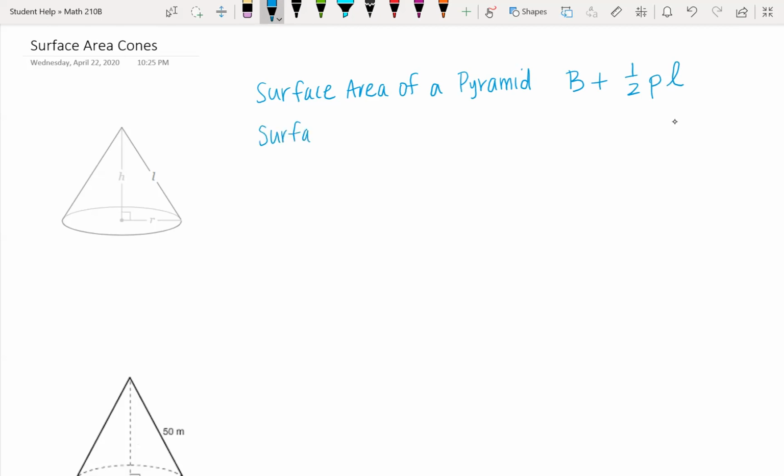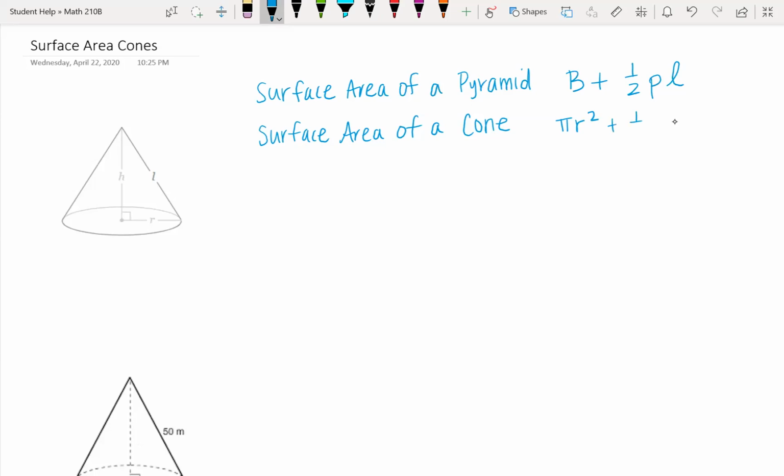The surface area of a cone, well, for a cone, the base shape is a circle, and the area of a circle is pi r squared.